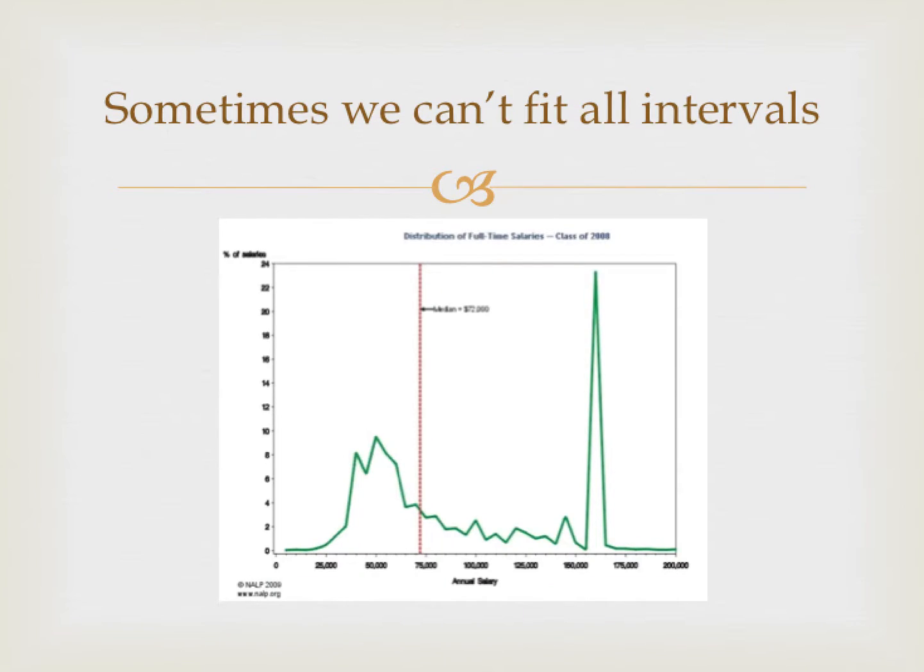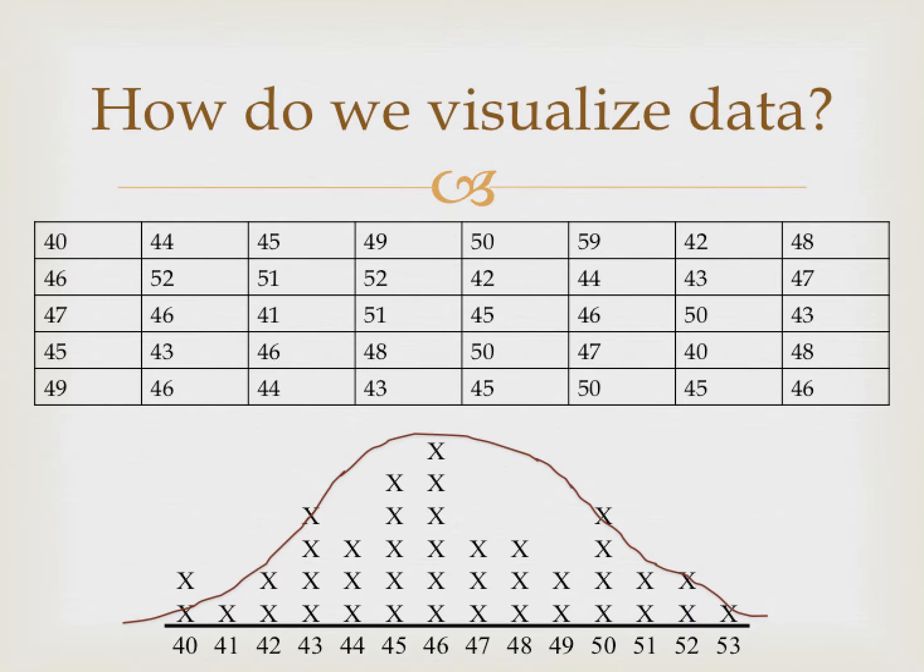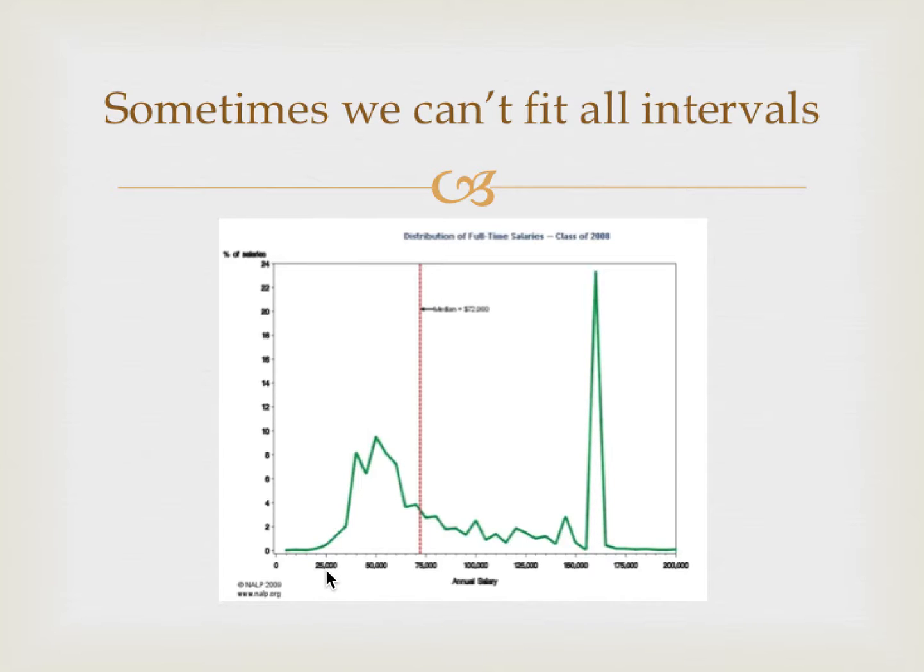Well, we sometimes can't fit in all of the intervals of our data. For example, with salary. In this past one, there were only things that were 40, 41, 42, etc. Well, in this graph, you can see there's 25,000, 50,000, 75,000, and you can't perfectly put every single occurrence of income.